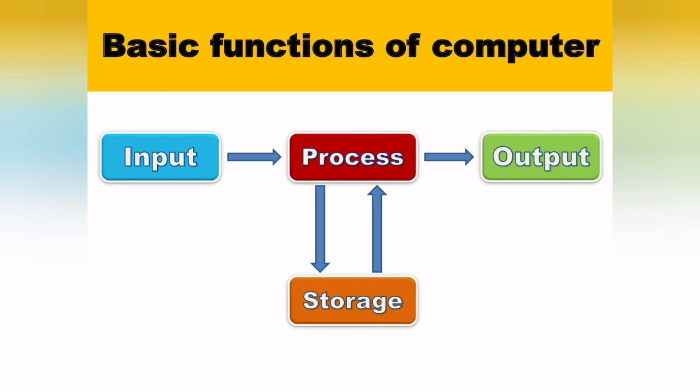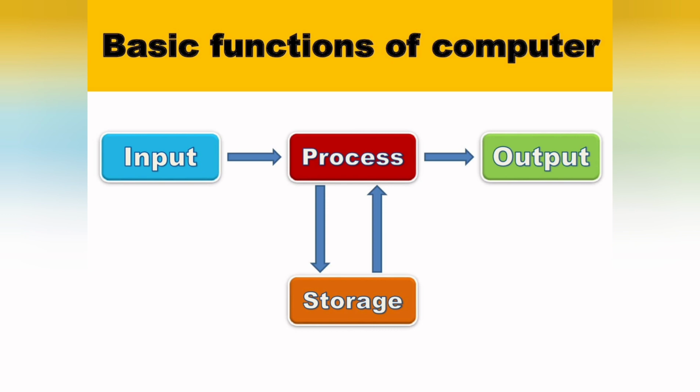The computer system has some basic functions. What are they? In our previous class also we discussed this, isn't it? Yes. The computer follows only 3 steps to complete the work. The 3 steps are input, process, and output.